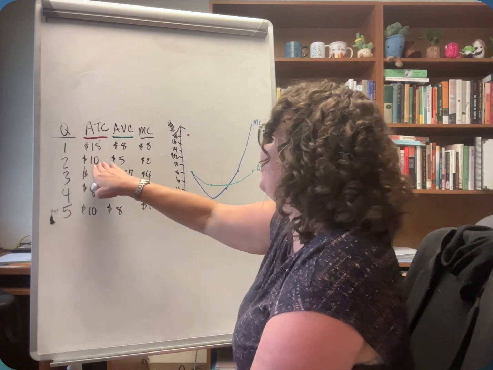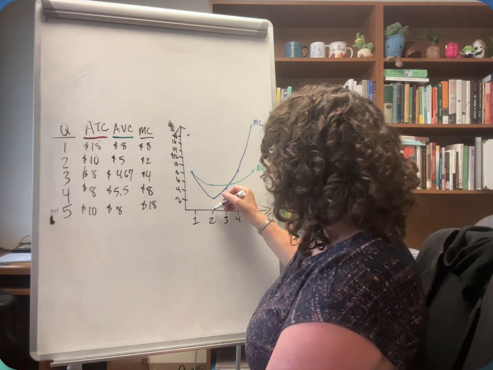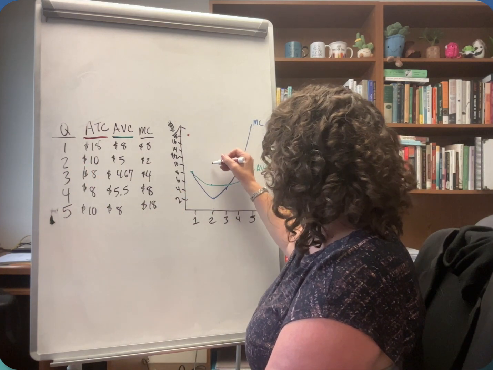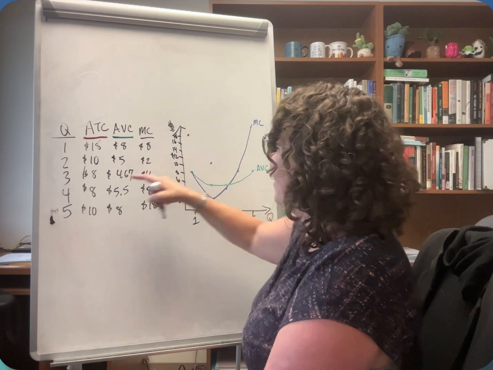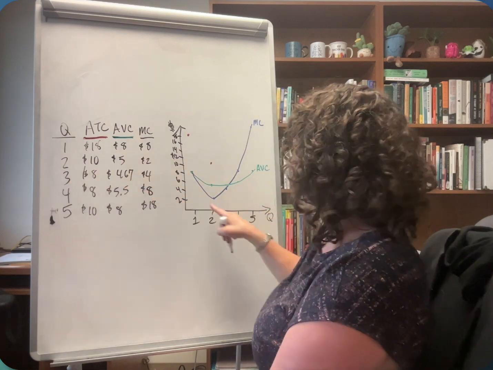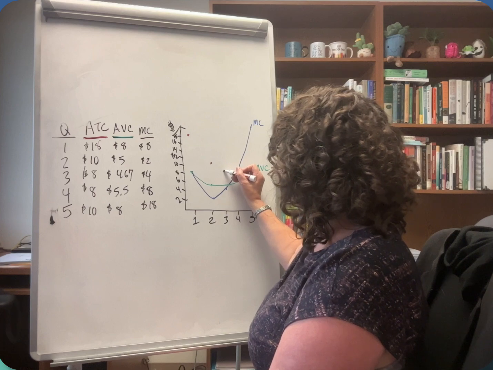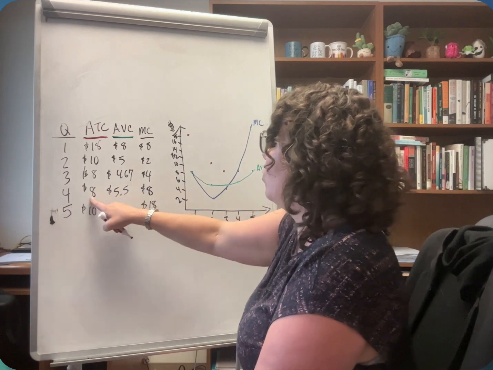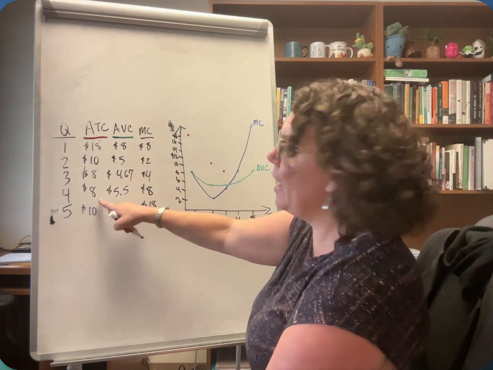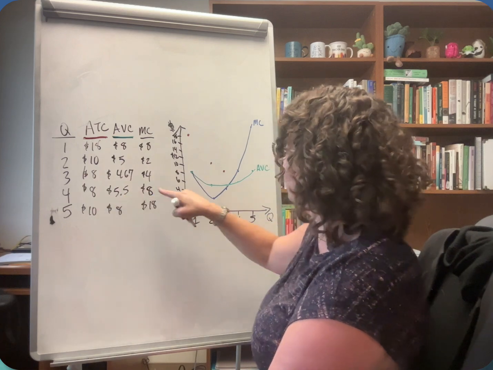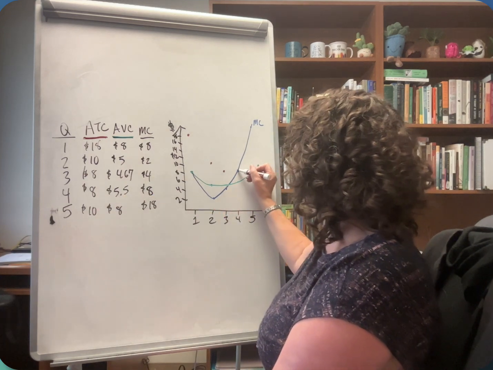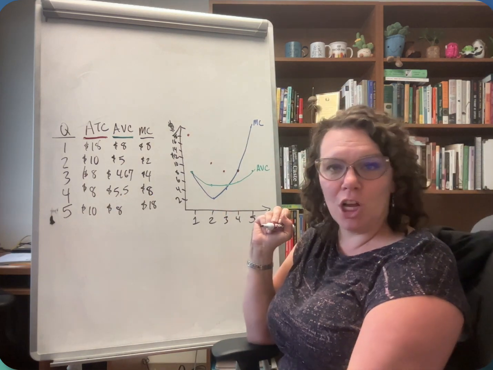At a quantity of 2, average total cost is still going to be pretty high at a price of $10. And then at a quantity of 3, average total cost is going to be starting to fall down to $8. And then at a quantity of 4, it stays at $8. And we know that's the minimum because that's where it is equal to marginal cost.